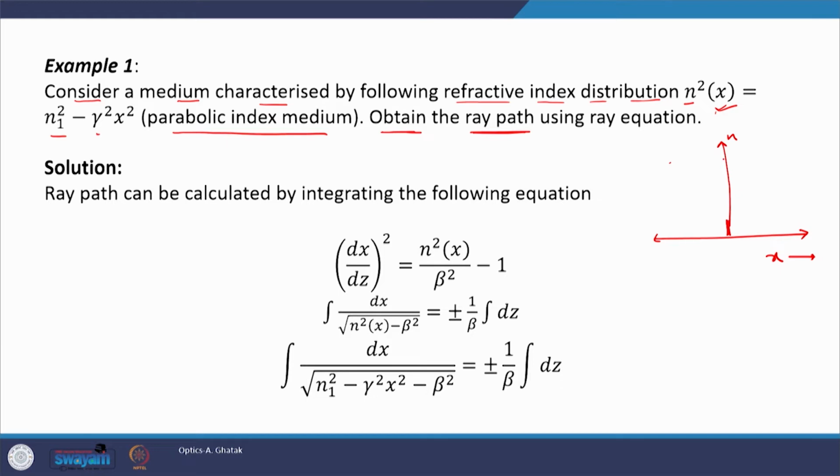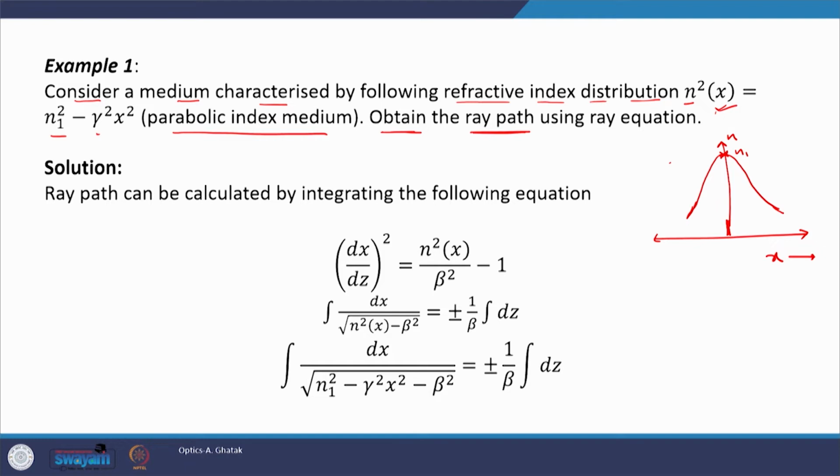It means there is a maximum value of the refractive index, which is equal to n1. If you increase x slowly, then the refractive index will decrease. This is how the profile looks. This is the parabolic index profile, and the question asks for the derivation of the ray path using the ray equation.